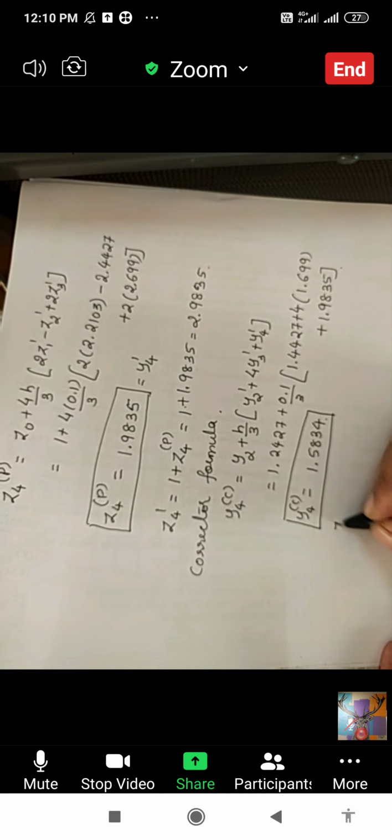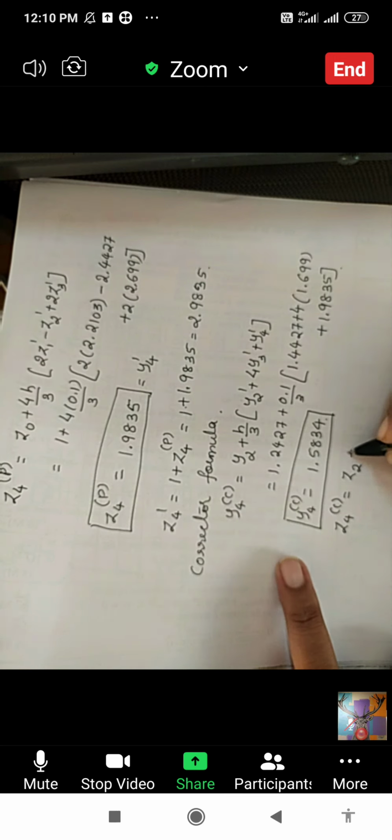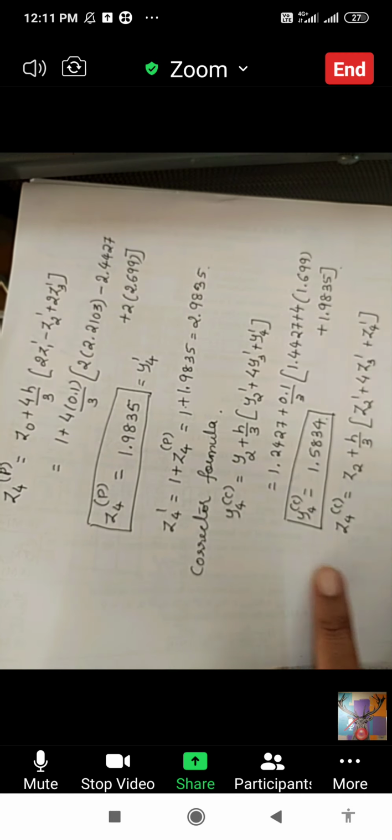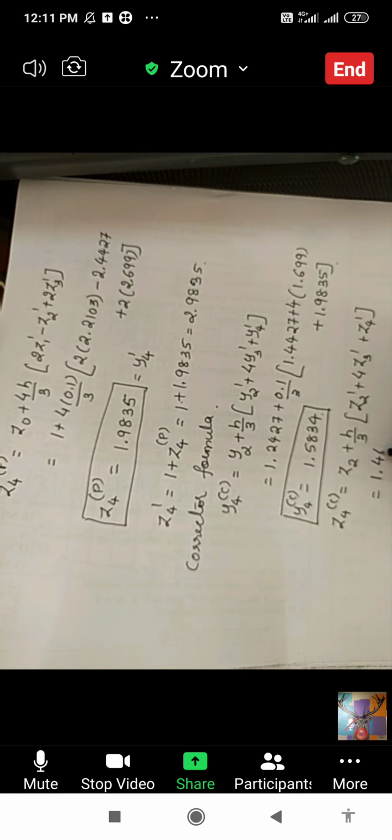After this, we have to calculate Z4C. The formula is the same, written in terms of Z: Z2 plus h by 3, Z2 dash plus 4 Z3 dash plus Z4 dash. So this is Z2. Refer to the Z2 value, tell me. Z2 is 1.4427, correct?